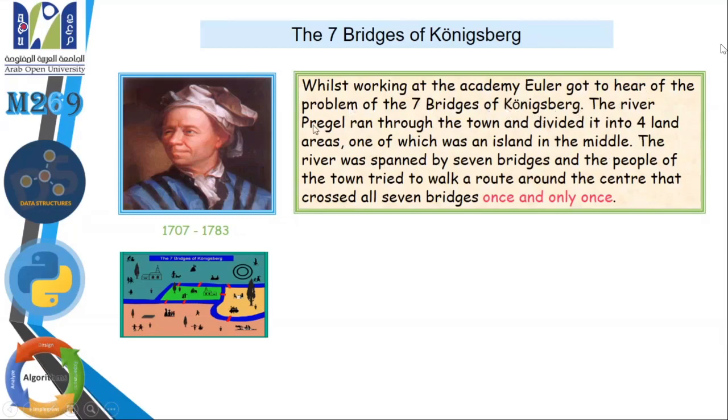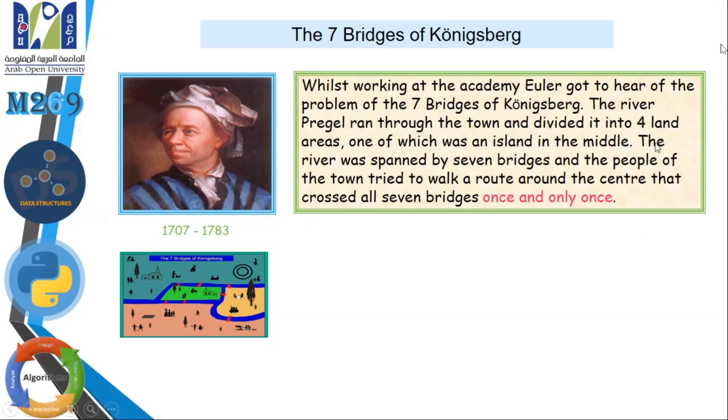The river, called the Pregel, ran through the town and divided it into 4 lands. The river divided the city into 4 areas, one of which was an island in the middle, the green one.